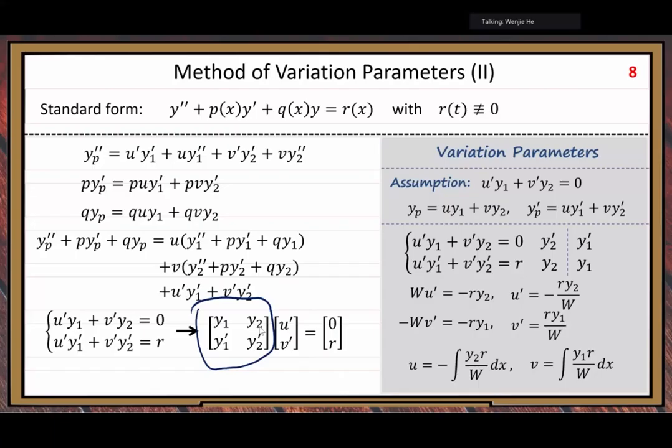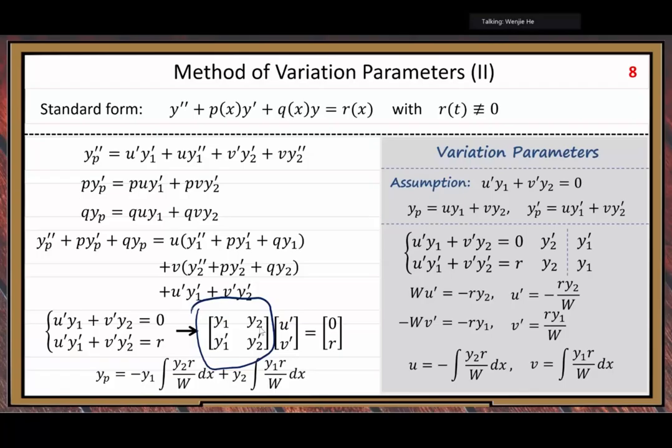You just apply the final formula, calculate u, calculate v. Then you can write your yp explicitly like this. So this whole problem can be solved.